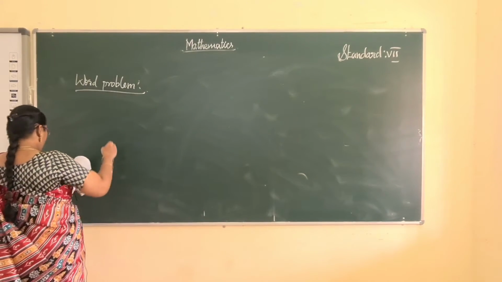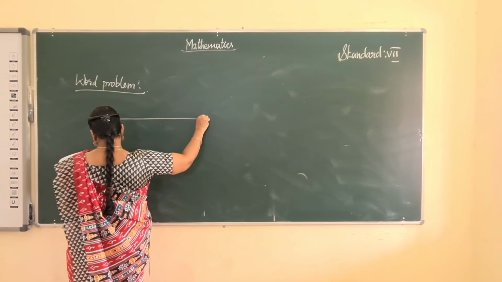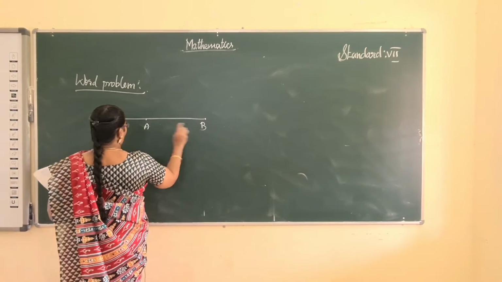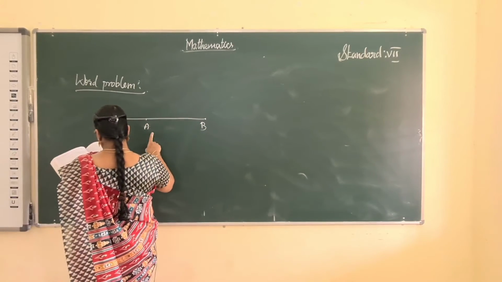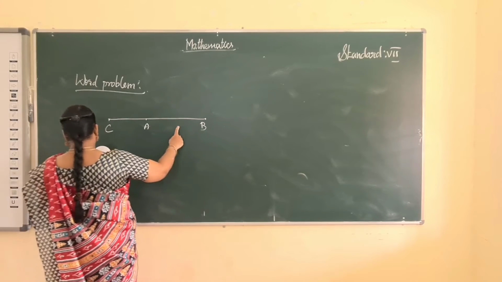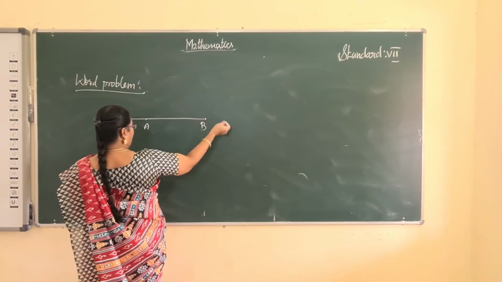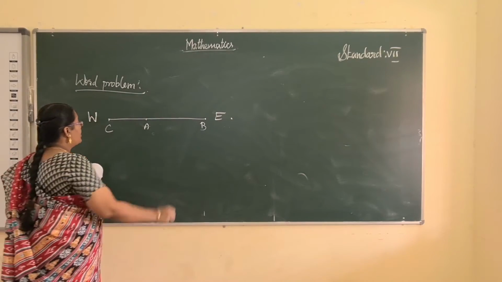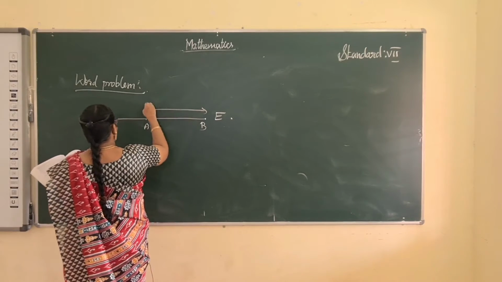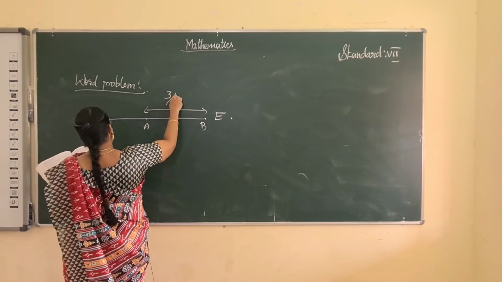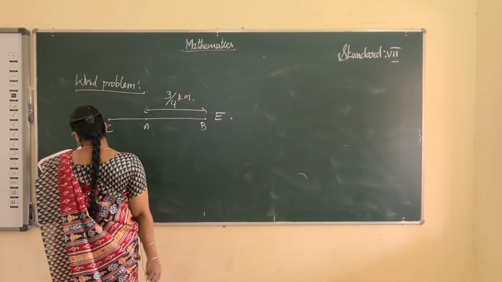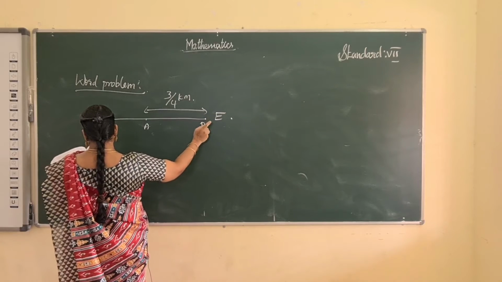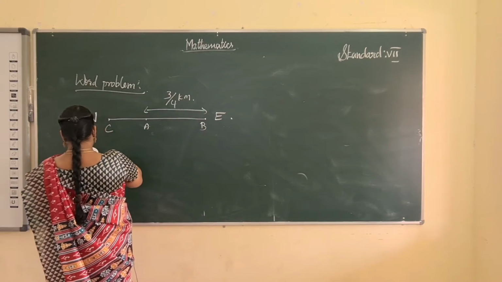Okay, so first we have considered C, A, B. Starting point A, Rahul walks 3/4 km east. East, this one is west. Starting from here to here, which ratio? 3/4 km. And then 6/7 km west to reach point C.